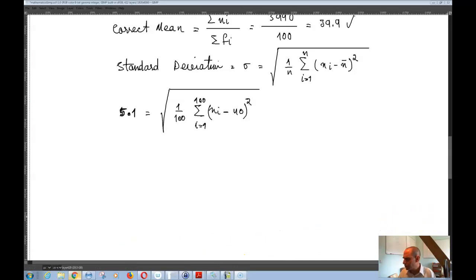I don't know what they have done here. I'm not going to solve the rest of this example because, frankly, I don't know what they've done here, and it's not that important really.